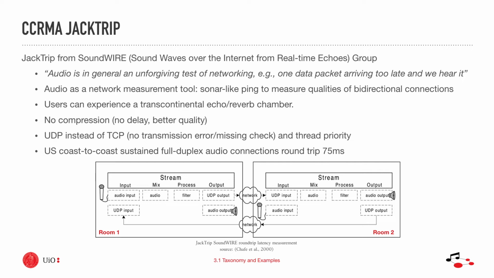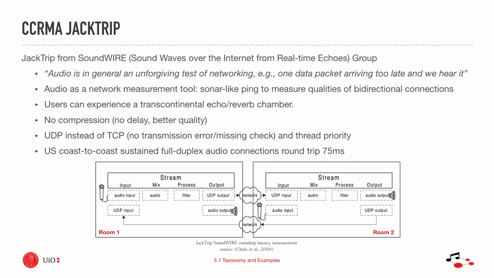They achieved in the United States a coast-to-coast sustained full duplex audio connection with a round trip of approximately 75 milliseconds. The group also proposed sonar-like ping techniques to measure the overall round-trip latency of the system.